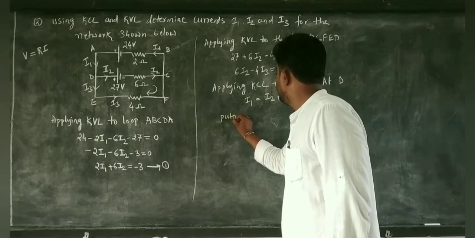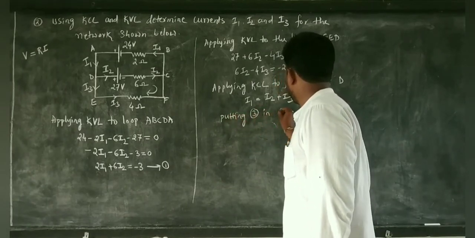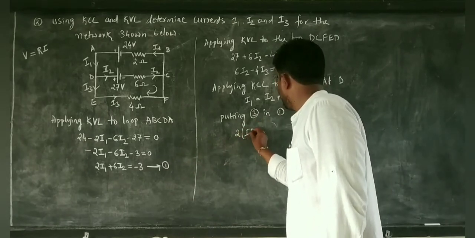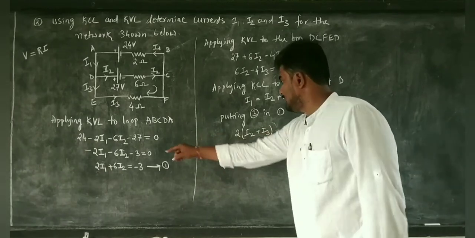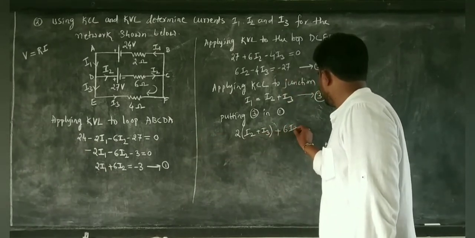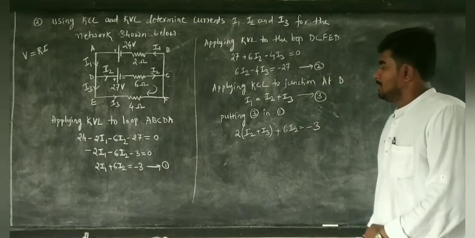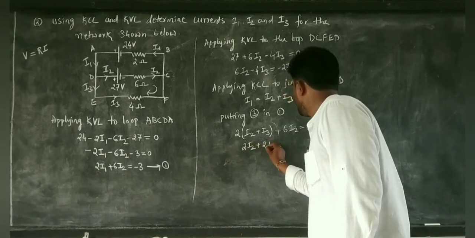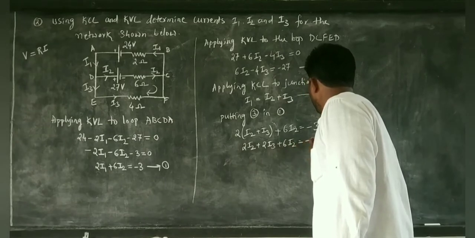So, putting 3 in 1. 2 I1, value is I2 plus I3, plus 6 I2 is equal to minus 3, and 2 I2 plus 2 I3 plus 6 I2 is equal to minus 3.